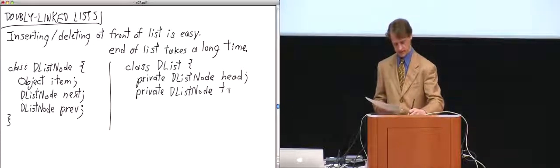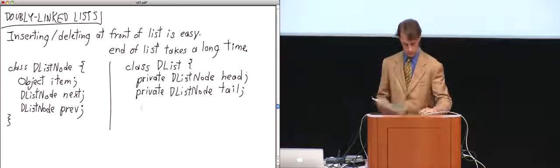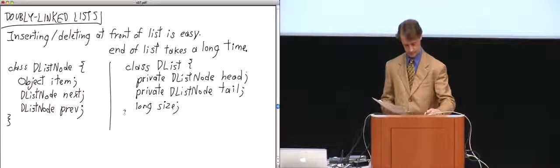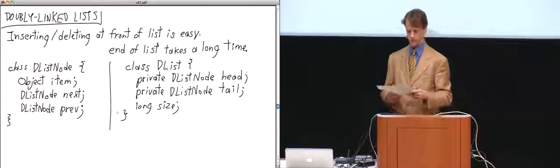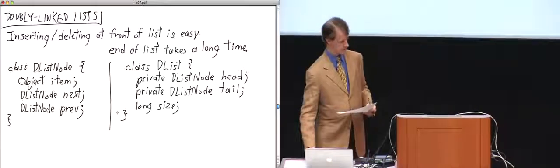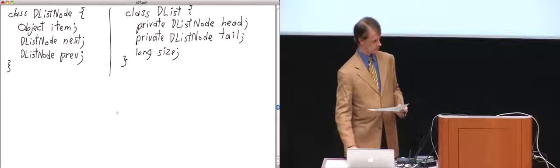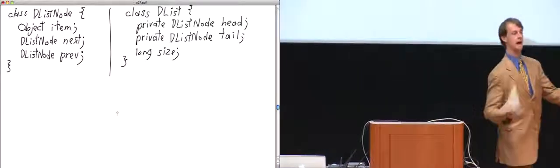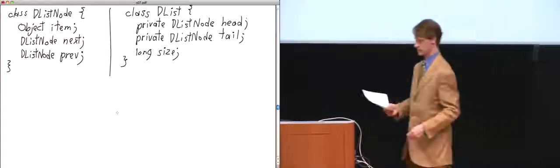But it will also store the tail, the last node in the list. And why not have a size as well? So there's my list class, two different classes that together help me build lists, the DListNodes and the DLists.